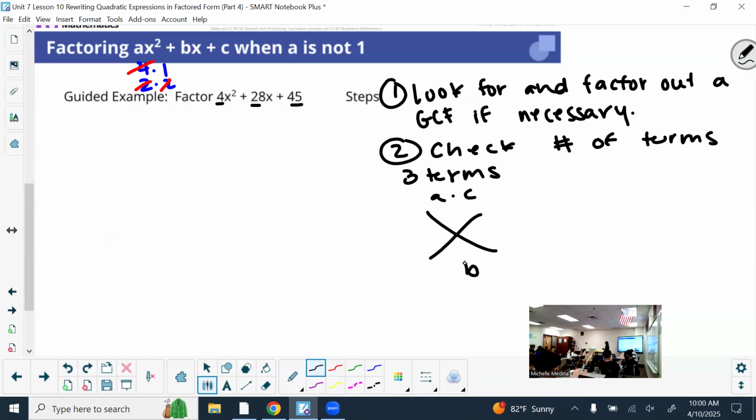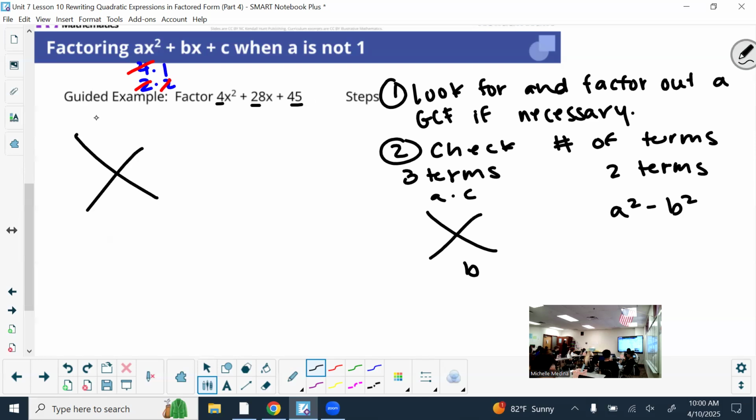There's just one step I didn't say before, because when A is 1 it doesn't really change much at all. When you multiply, everything will stay the same. But if there are 3 terms, you do the diamond method. If there are 2 terms, you check to see if it's a difference of squares. But this one's a 3-term, so we're going to do our diamond method.